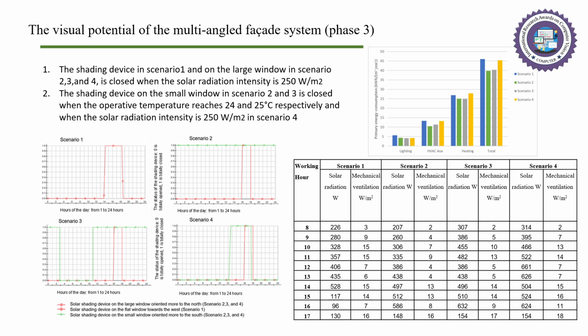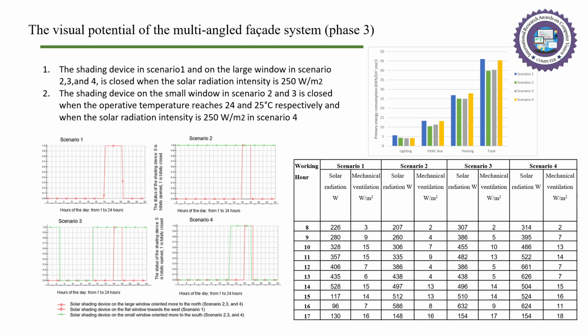The shading device on the small window in scenarios 2 and 3 is closed when the operative temperature reaches 24 degrees and 25 degrees respectively, and when the solar radiation intensity is 250 watt per square meter in scenario 4.